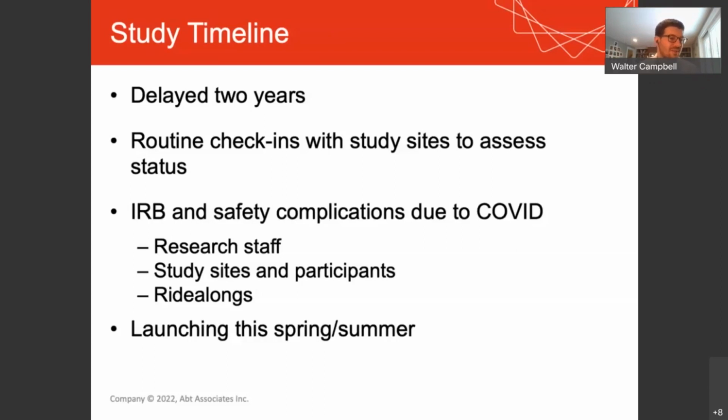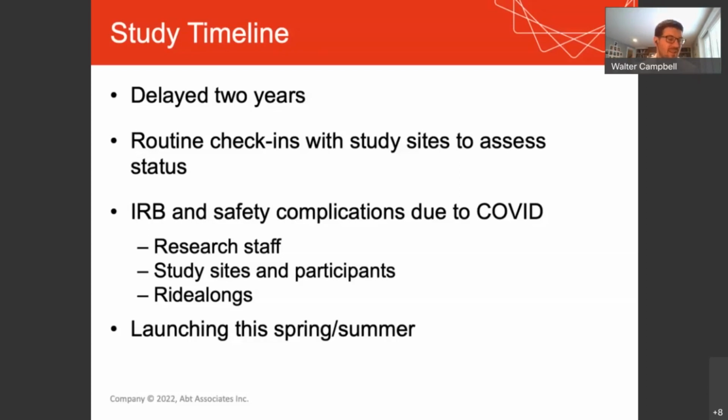But in addition, there are risks to the study sites and participants, meaning the community supervision officers and their supervisees. We don't want our staff coming in and putting them at risk to do in-person data collection. And this is especially the case with ride-alongs, right? So Holly mentioned focus groups and interviews, where social distancing and things like that can occur, but in a ride-along they really can't.